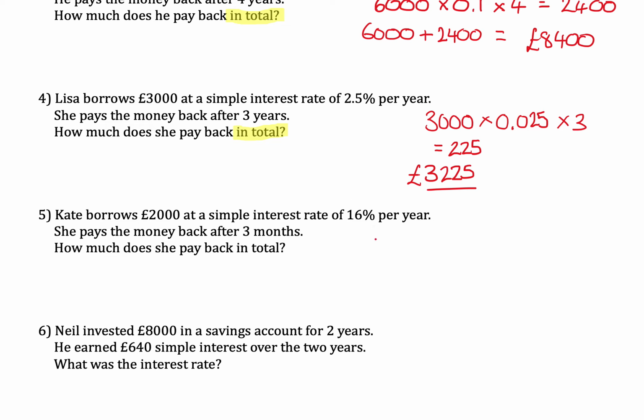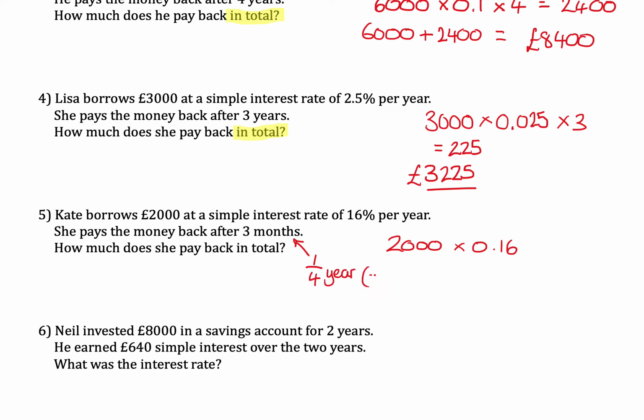Okay, Kate borrows £2,000 at a simple interest rate of 16% per year, so she's going to pay back 16% of that for 1 year, but she pays the money back after 3 months, so she's not even had it for a year. Okay, so we have to give this as a fraction of 1 year. 3 months is 3/12 of all the months in the year, so it's 3/12 or 1/4 of a year.